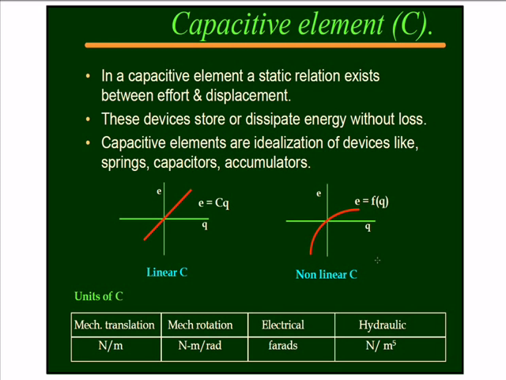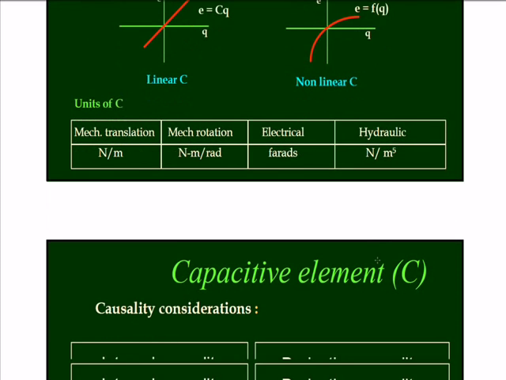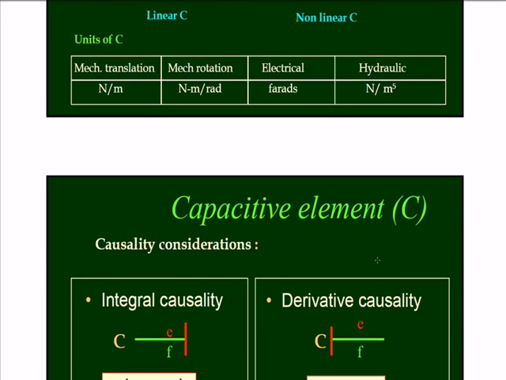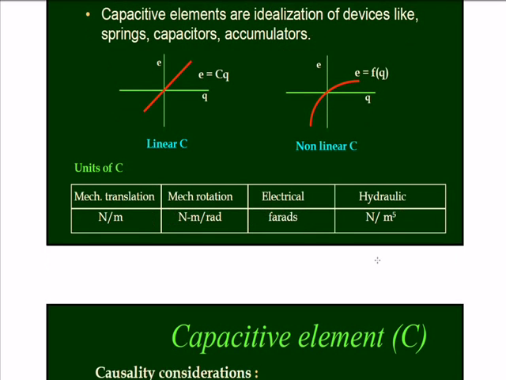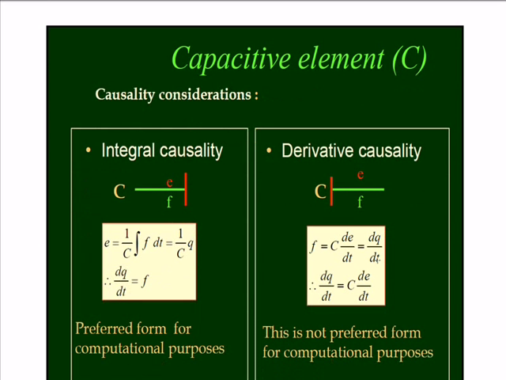But in this case, the relationship for the C element is between the effort and the displacement, like a spring, for example. Now, here is something very important, and I would like you to consider this very carefully.